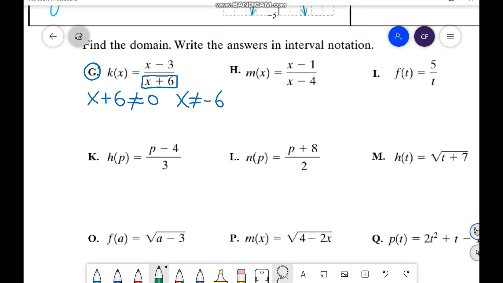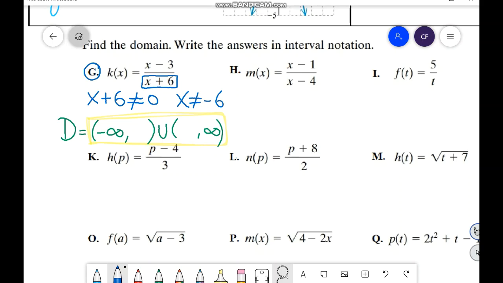And the template that you're going to use here is D equals from negative infinity, blank, united, capital U, blank, infinity. Okay? This is the template.